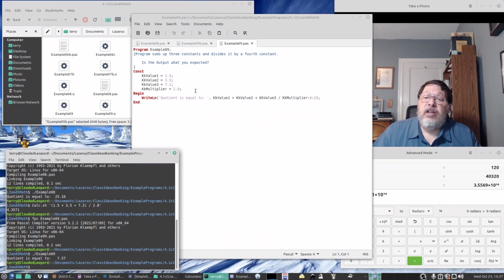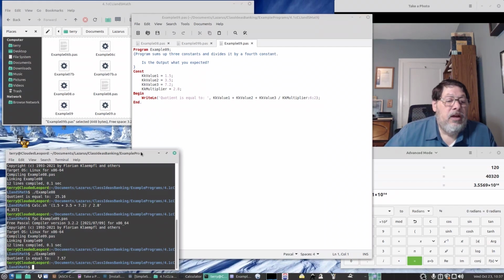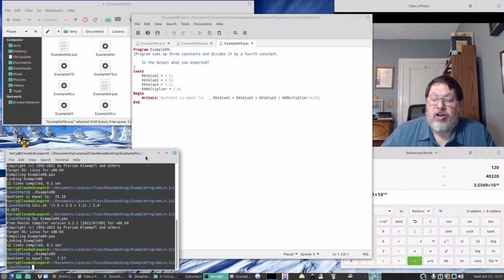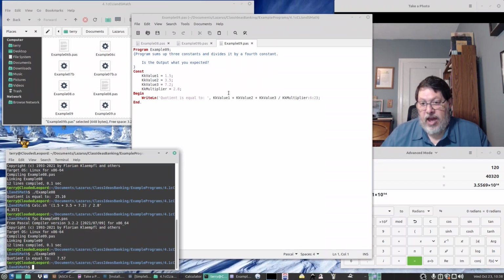This is PEMDAS reaching out and biting us. The order of execution of instructions is multiplication and division occur before addition. In fact, the order is parentheses, exponents, multiplication and division.